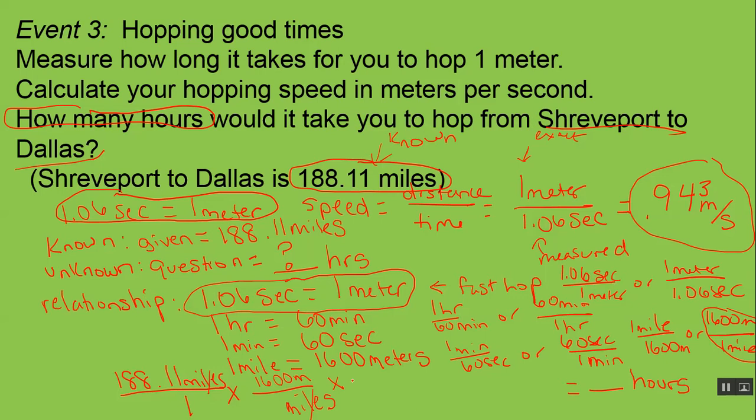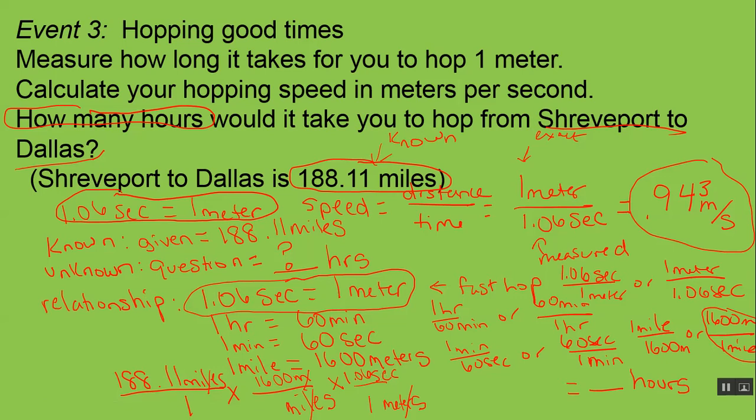So let's set that up. We need our meters on bottom this time, and our seconds on top. So we've got 1.06 seconds in 1 meter. Our meters cancel, and now we're left in seconds.